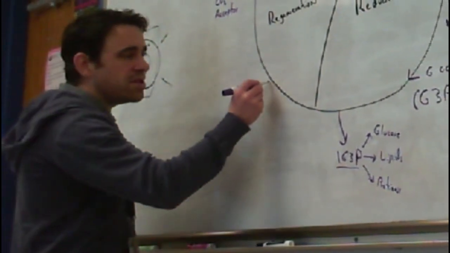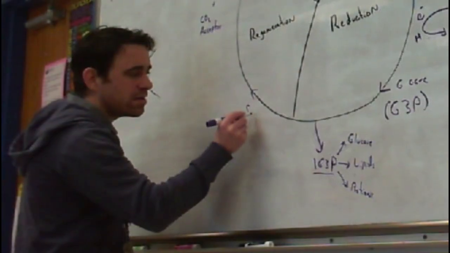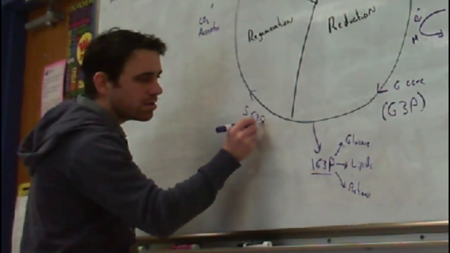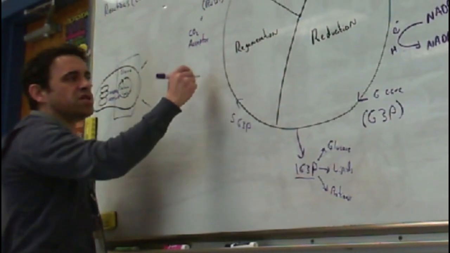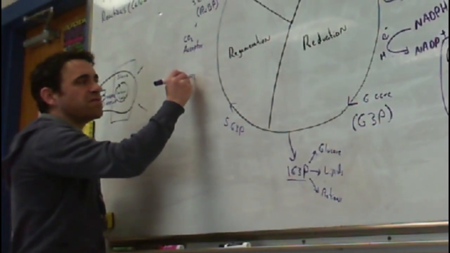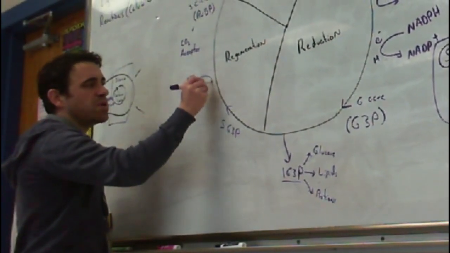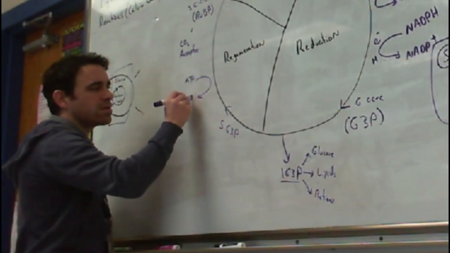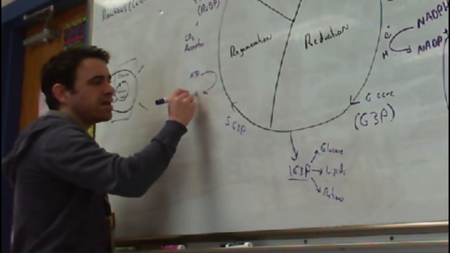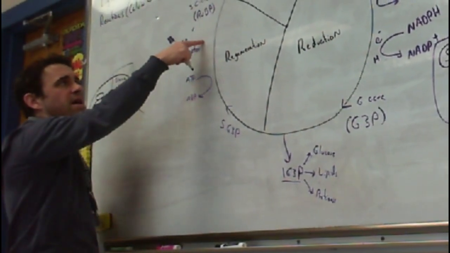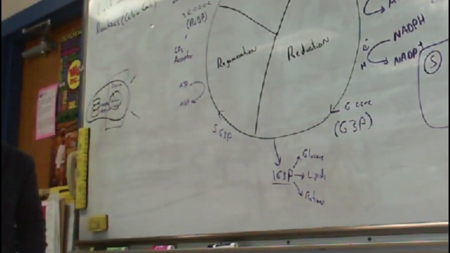Now, 5 of these G3Ps stay in. So they're still in the cycle, and they're going to be in regeneration. We add a little bit of ATP in, which becomes ADP. And where do we end up? Back at RuBP.